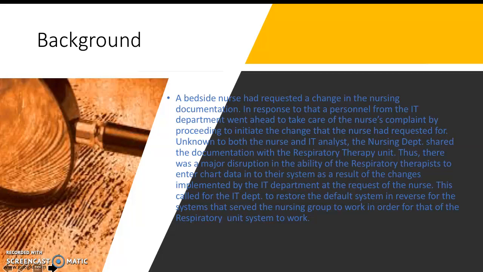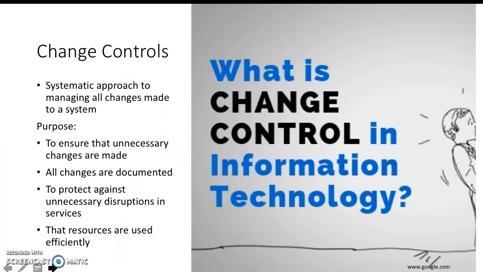Okay, so what do we do to avoid some of these occurrences in our hospital? Well, there has to be some change controls in place, and change controls simply means a systematic approach to managing all changes made to a system.